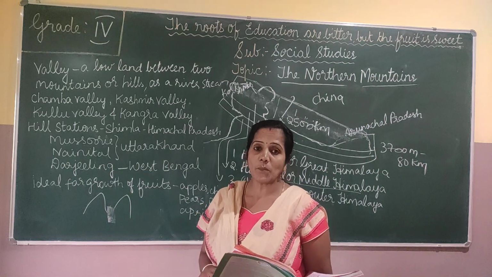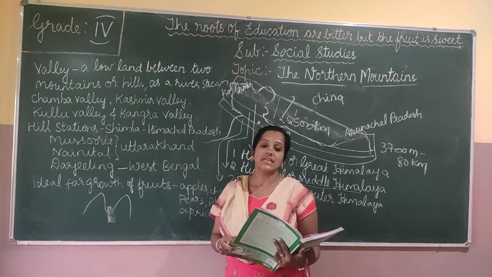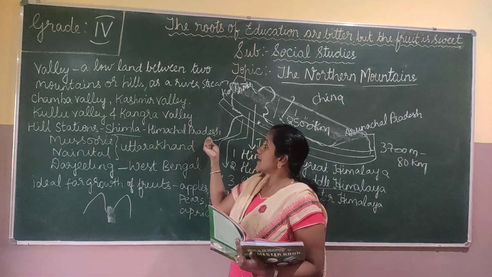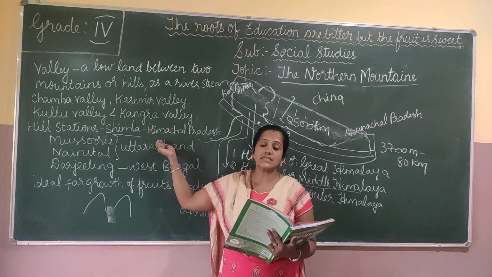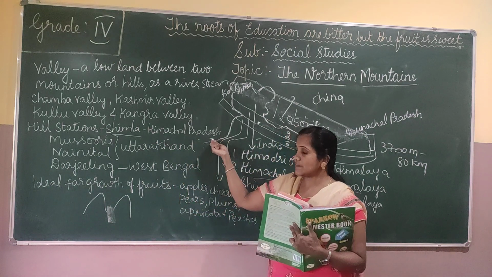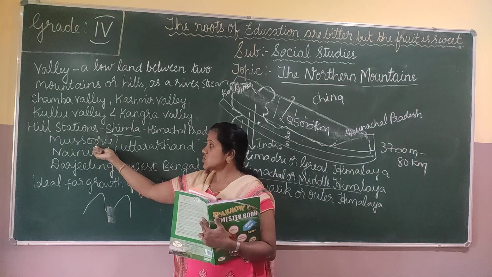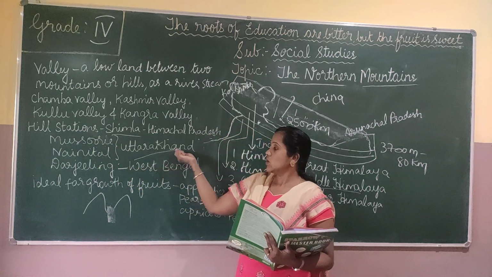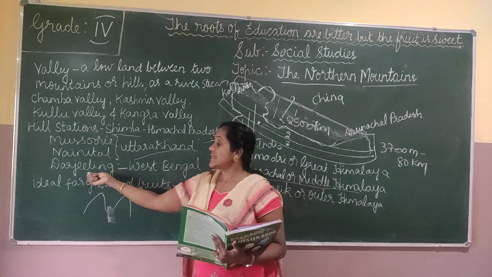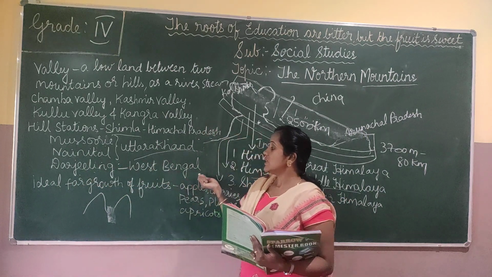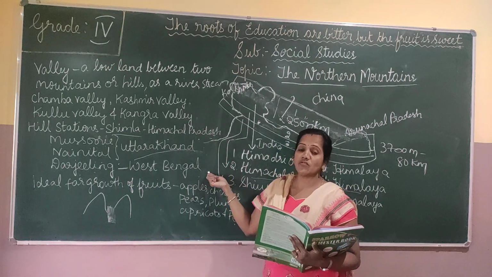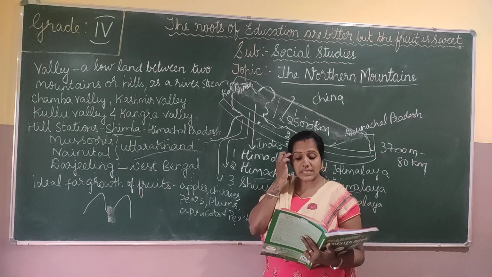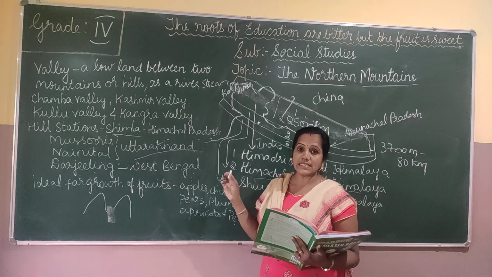Some of the important hill stations of these ranges are Shimla, which is in Himachal Pradesh, Mussoorie and Nainital in Uttarakhand, and Darjeeling in West Bengal.